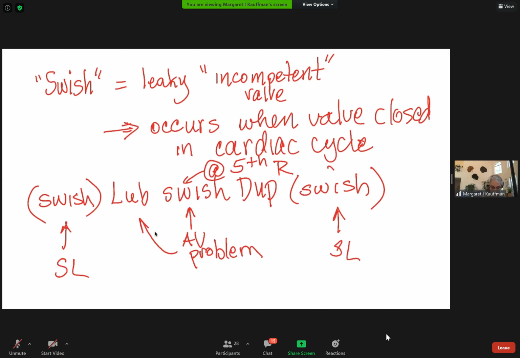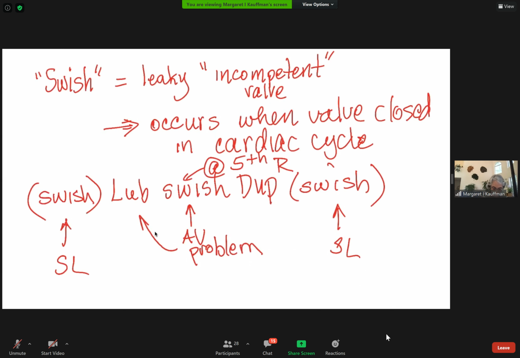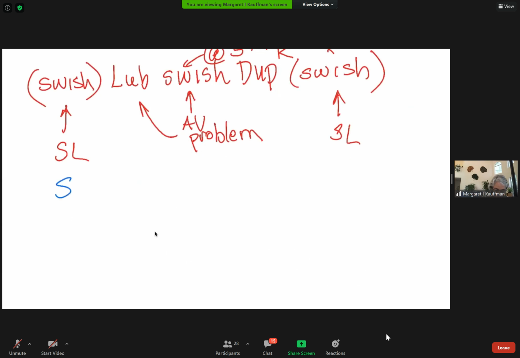Okay, so what is the other problem we can have with valves that we're going to deal with at least? The other one is called stenosis. Whenever an opening is narrower than it ought to be, that is the term for stenosis.